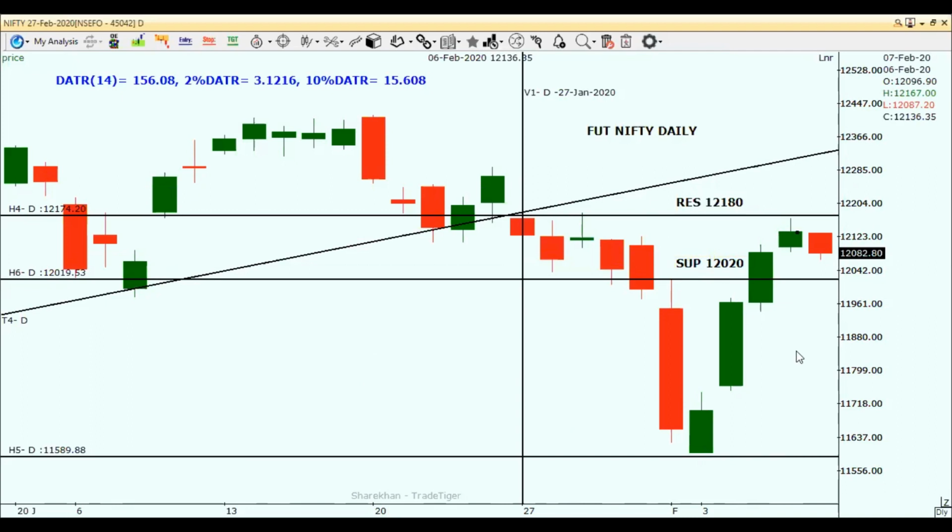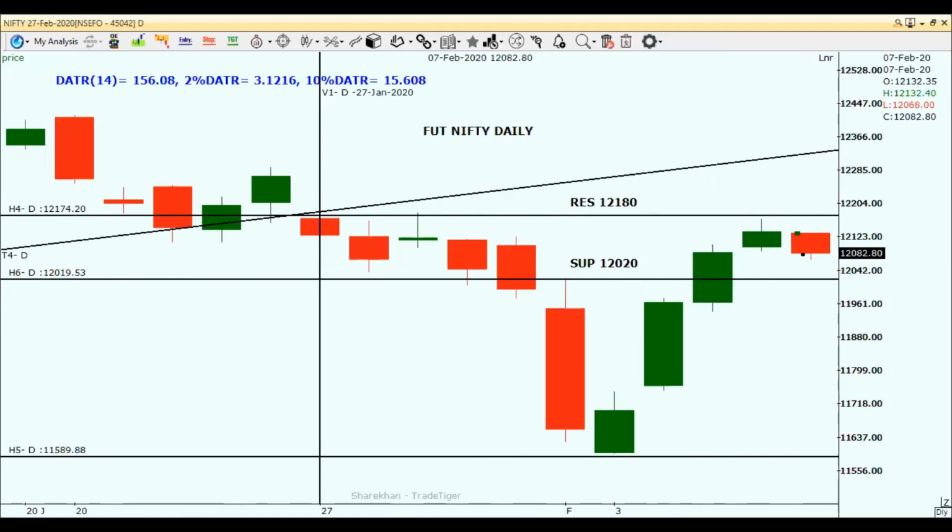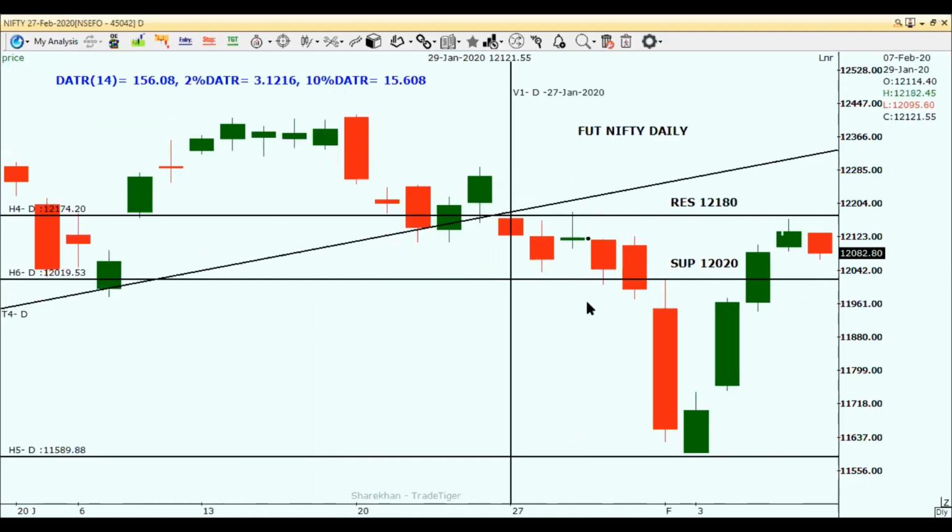So this is the immediate support and resistance range of Nifty. If Nifty breaks 12,020, there could be a nice fall thereon. So now I have discussed with you the futures Nifty daily chart.